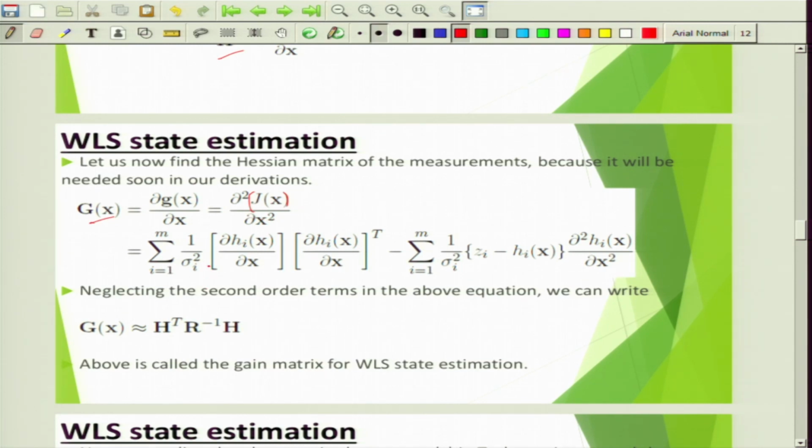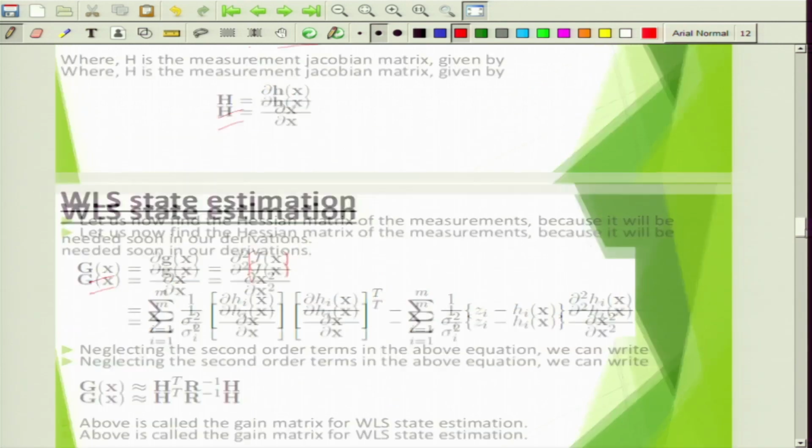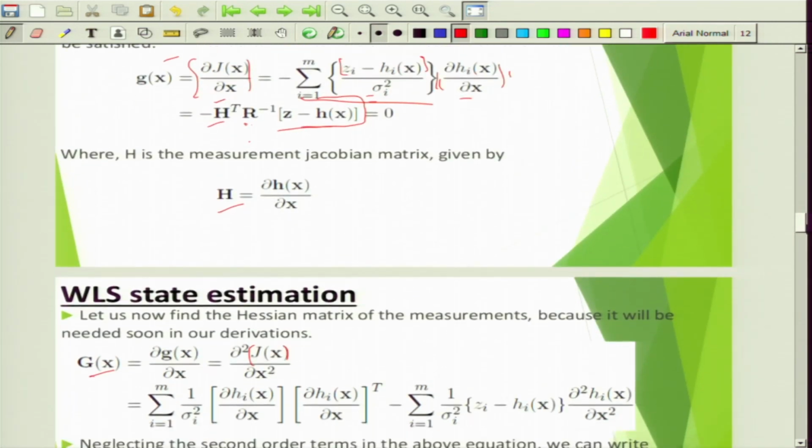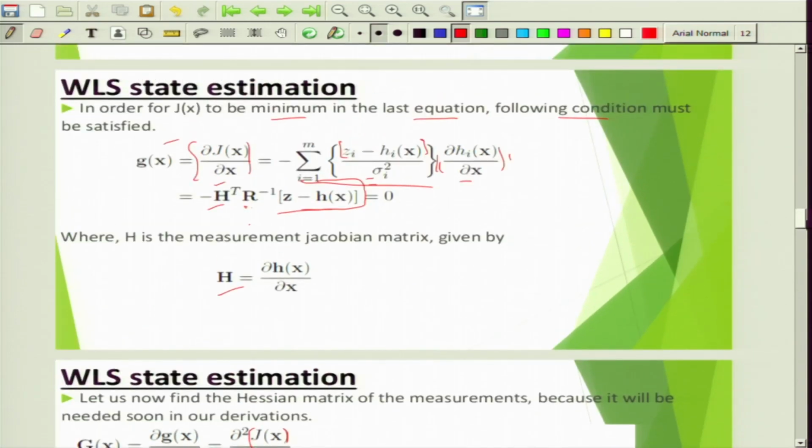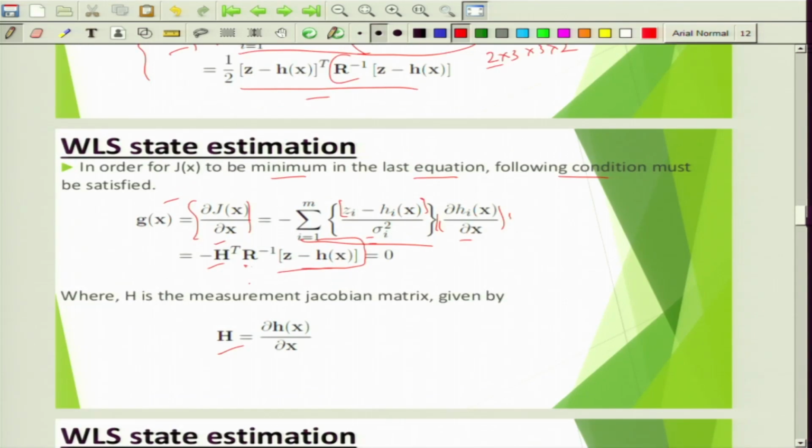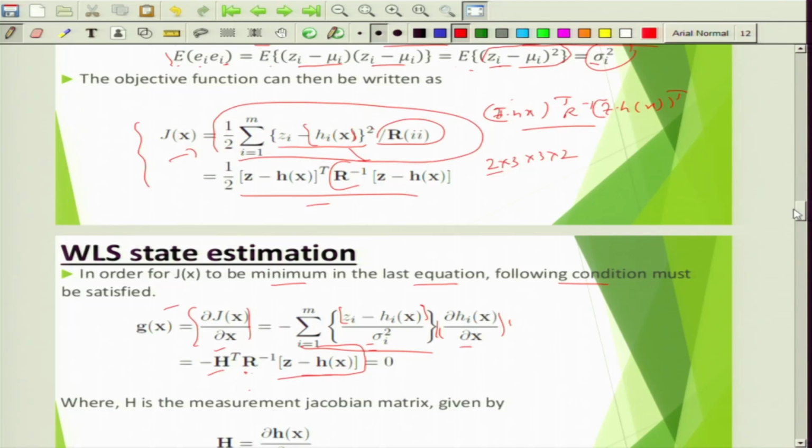So you have to do the partial differentiation. How do you do it? Find out where is J(x). This is your J(x) matrix, you have to do the partial differentiation.